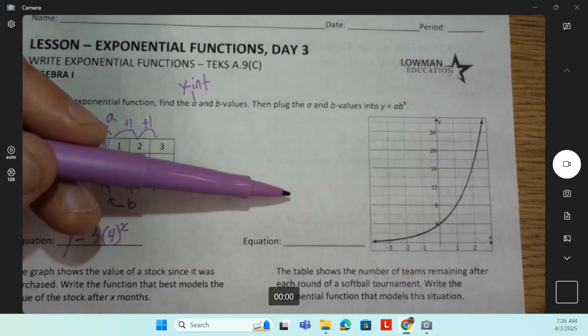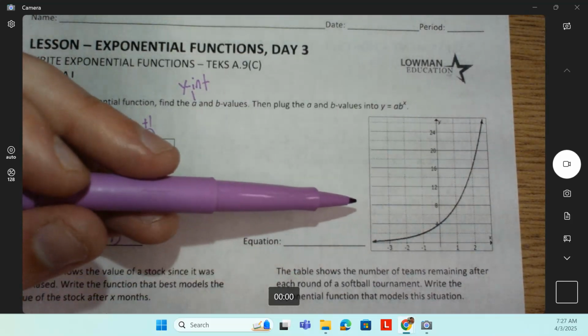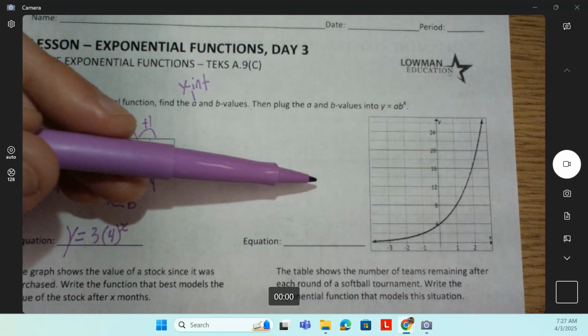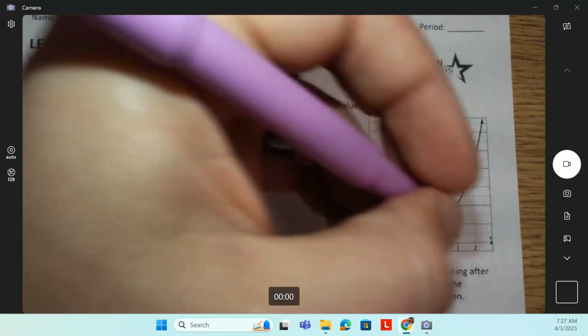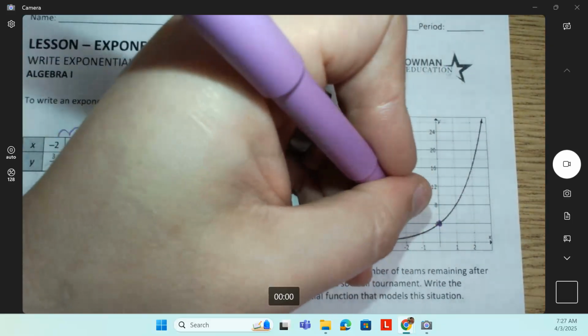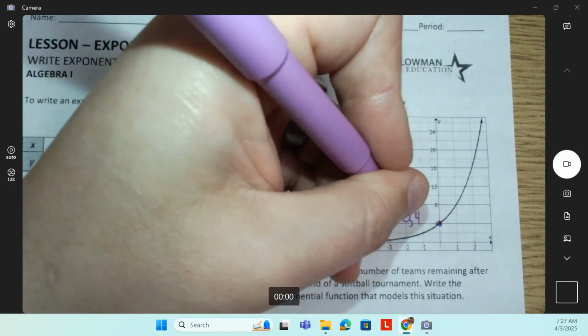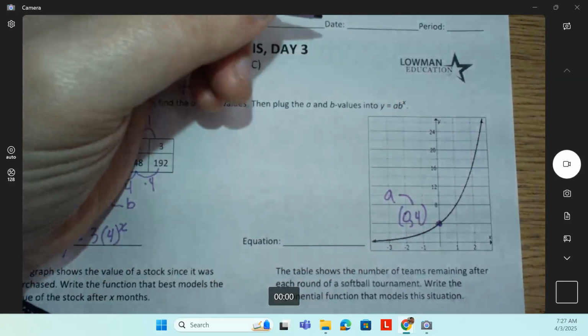On our graph, though, it says as the value of x increases by 1, we want to see what happens with the value of y. First, though, I've got this 0, 4, which is our y-intercept. So we know that's going to be our a value.